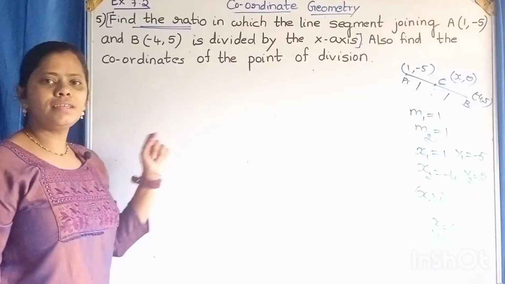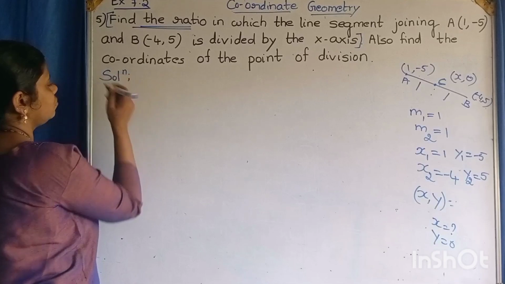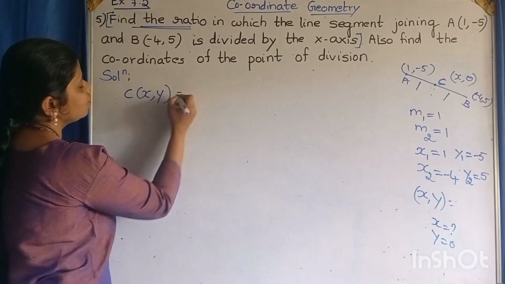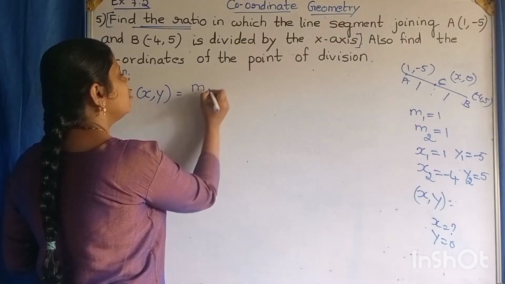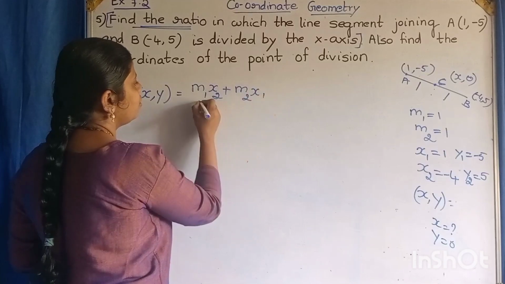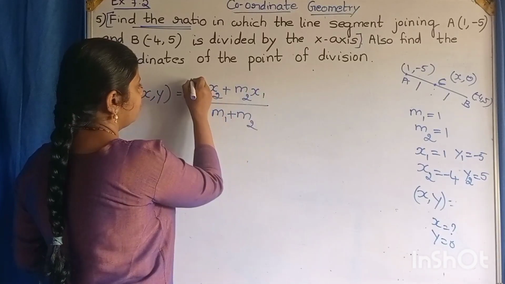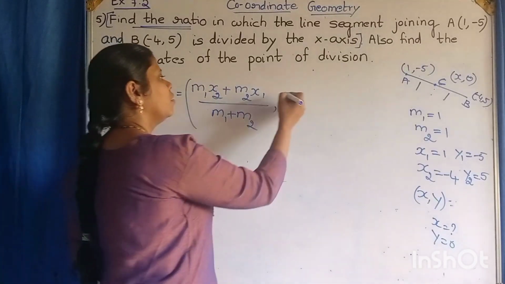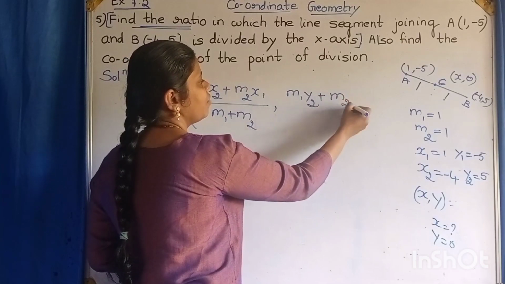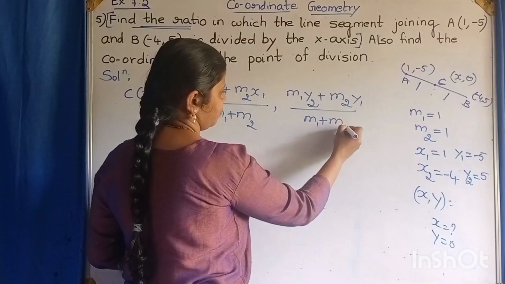Now let us apply the section formula. Solution. C of xy is equal to m1 x2 plus m2 x1 divided by m1 plus m2, comma m1 y2 plus m2 y1 divided by m1 plus m2.